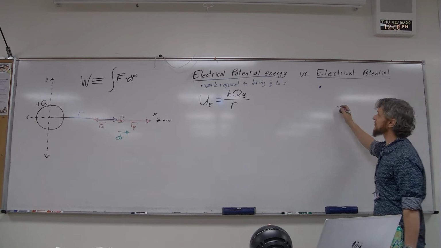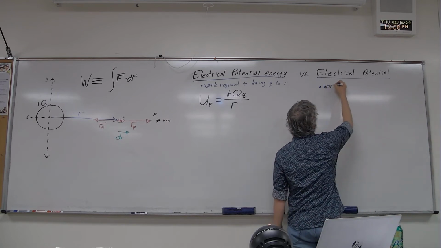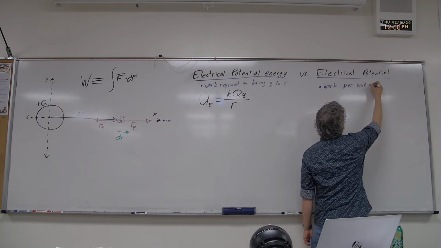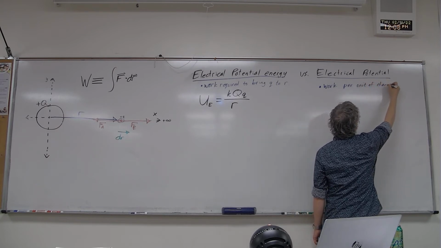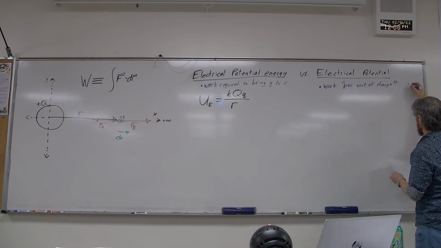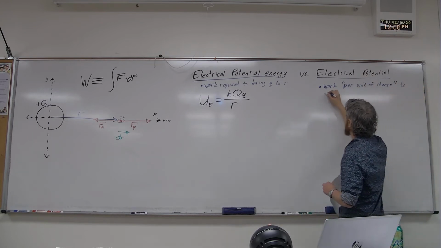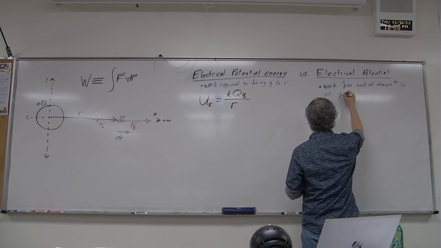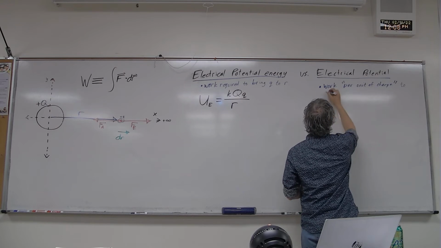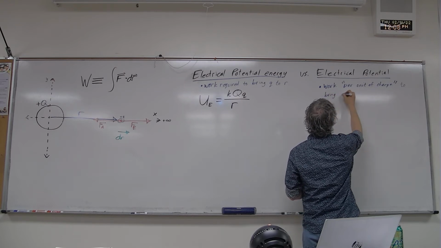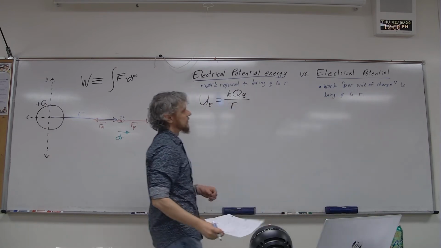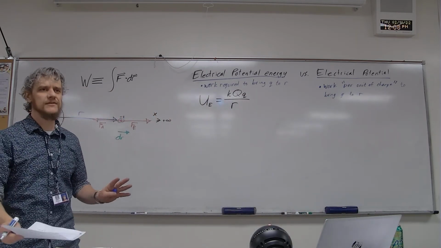Electric potential is the work per unit of charge, key phrase, to bring Q to R. It's a subtle but not so subtle difference.